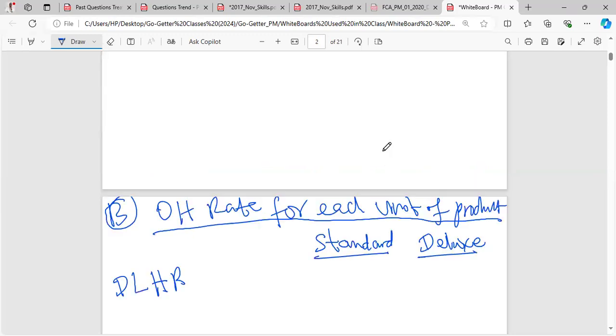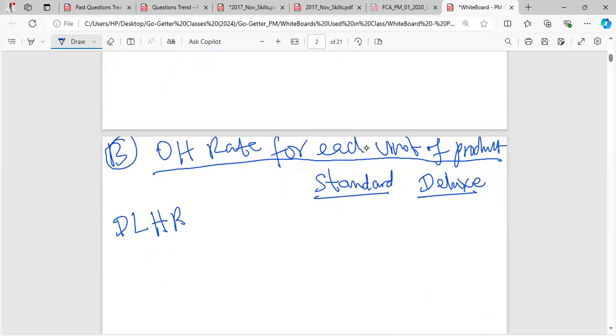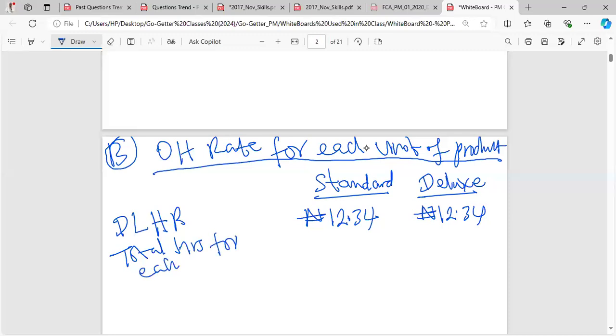Our direct labor hour rate here is 12.34. So now this is the rate per hour. Now we have total hours for each product.